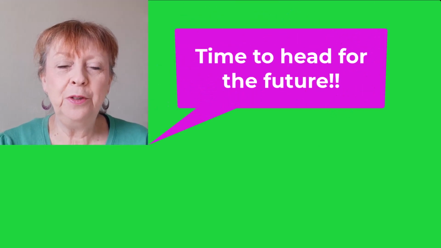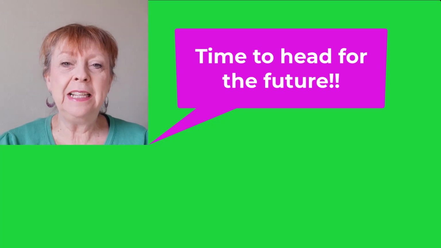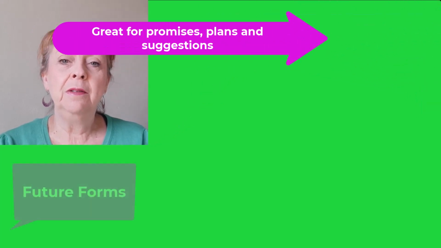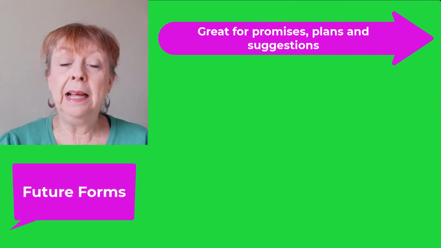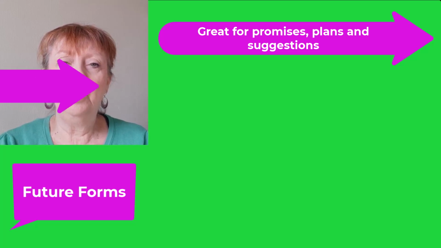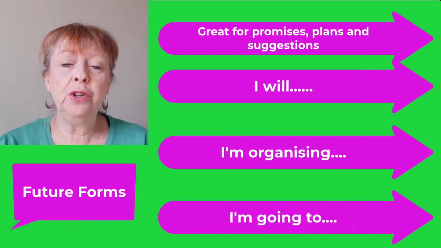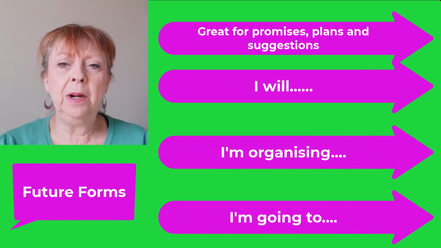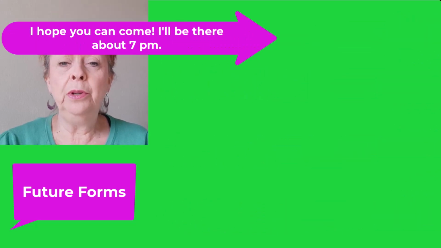Now let's head for the future. Future tenses are going to be useful for making a promise, a plan, or suggestion. For example, I will, I'm organising, I'm going to. Easy ways to fit these into informal communications. Here's some examples. I hope you can come.